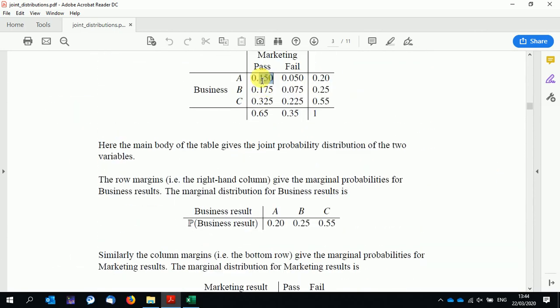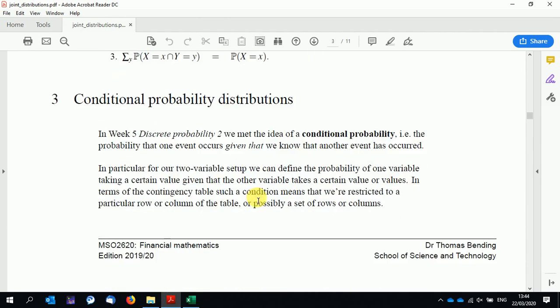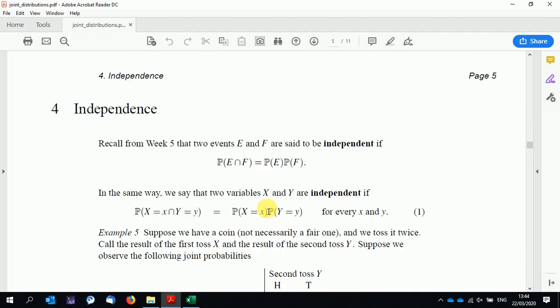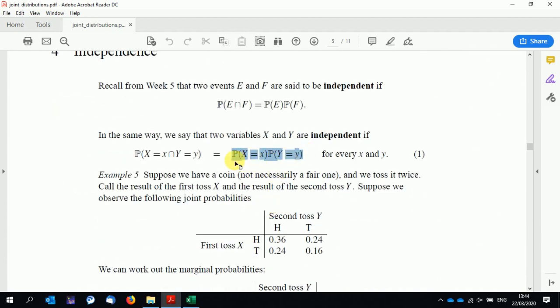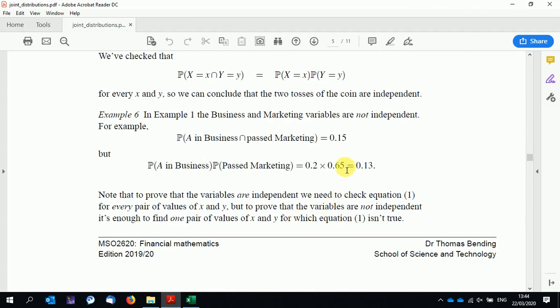You want to check that with the right hand side of the equation, which would be 0.20 times 0.65. And the answer is different to this one. So the left hand side equation is different to the right hand side equation, hence clearly not independent.